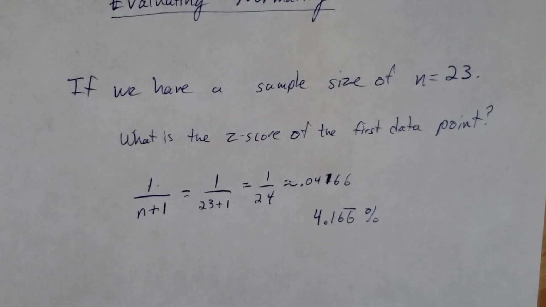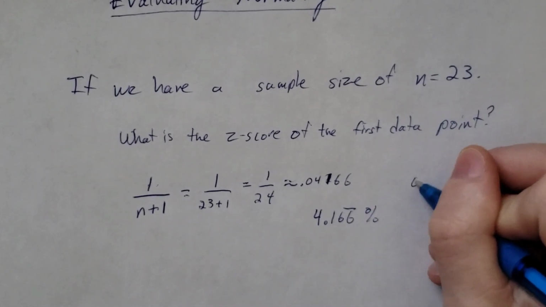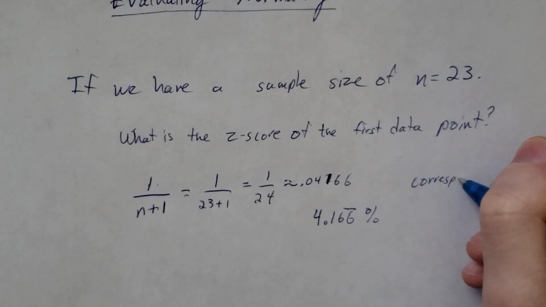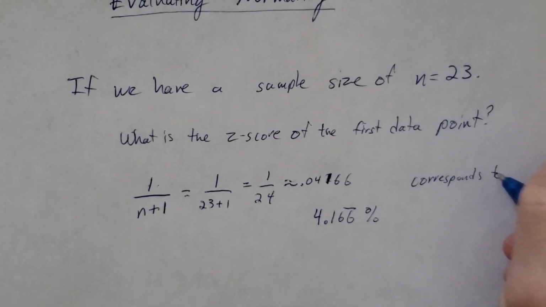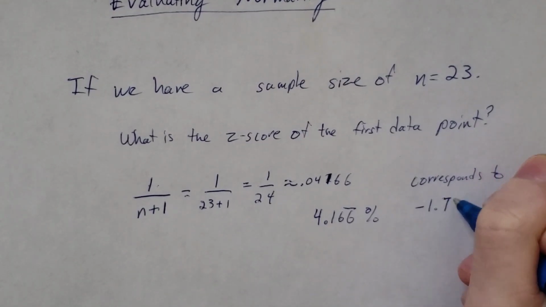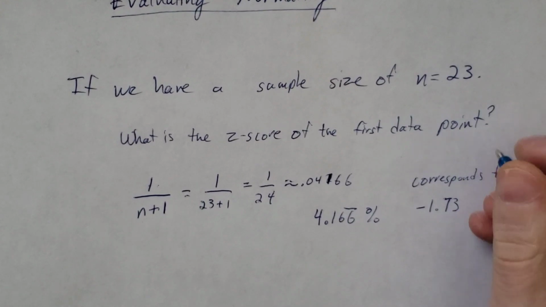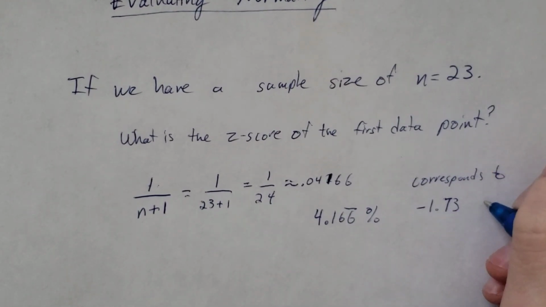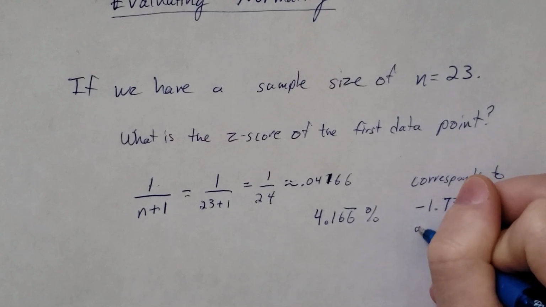It looks like that occurs at around negative 1.73 as a z-score.